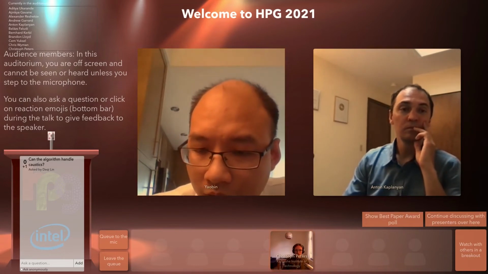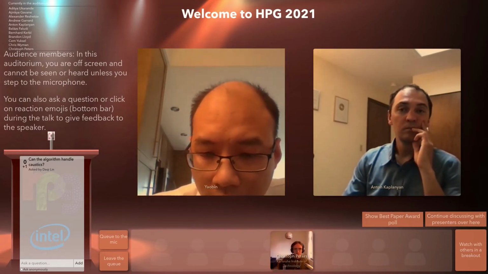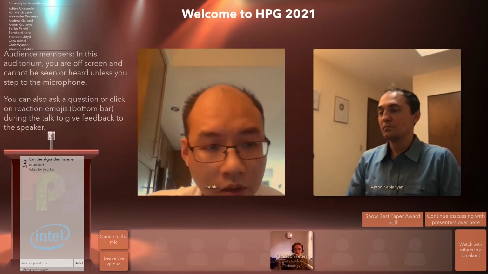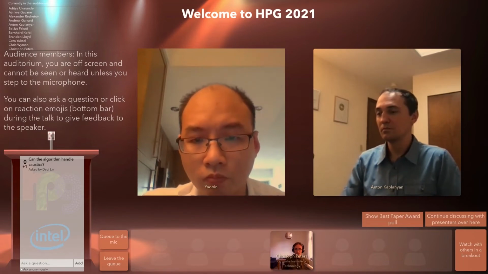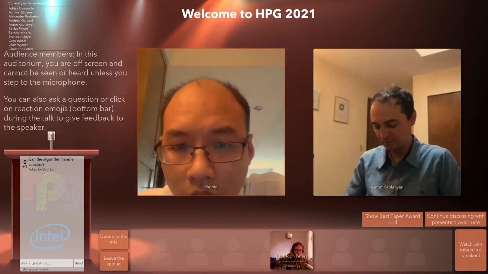Which figure? Figure 14, especially the left part. You mean figure 14 in the paper, right? Yes. Let me see. So you can see some patterns on the left figure in figure 14.